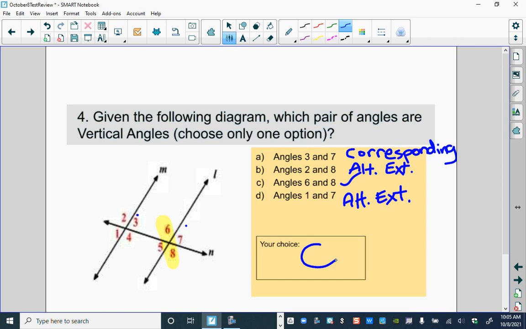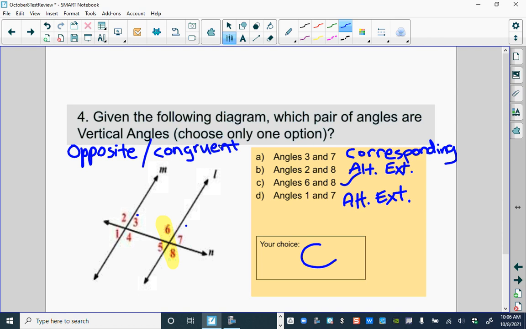The vertical angles are opposite each other. But what else do we know about vertical angles? What about their measurements? Yeah, they're going to be equal measurements, so they're going to be congruent. So they will have equal measures. Very good.